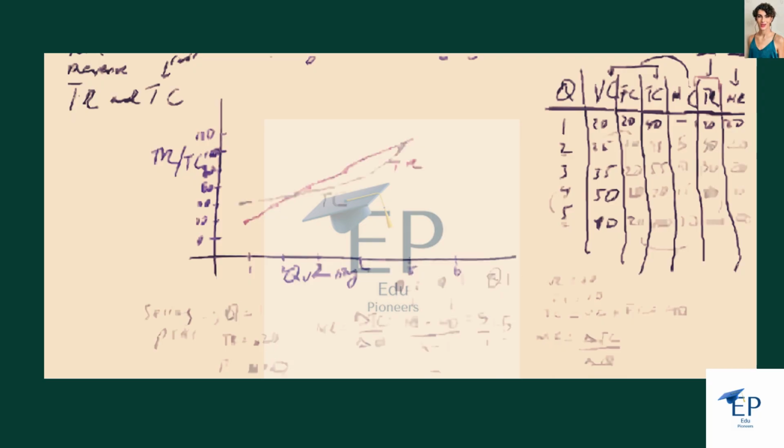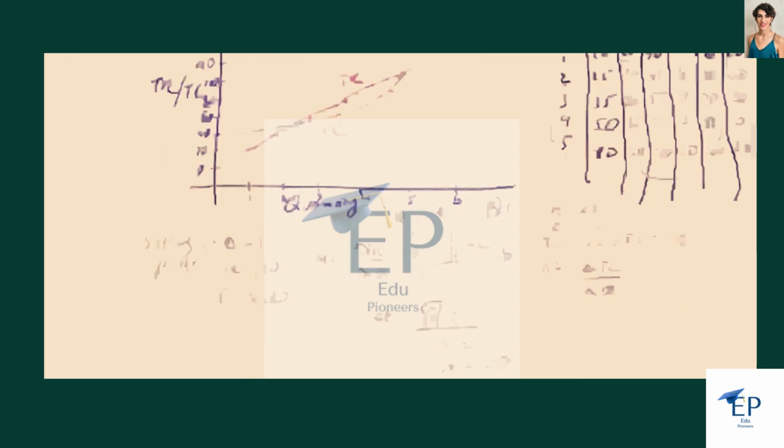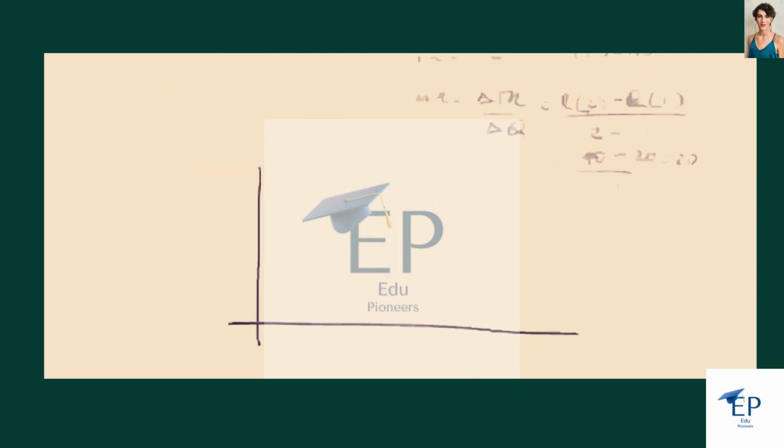So we do have 2 graphs. The top one is the total revenue, and then we have the total cost. The next issue that you have to deal with is the marginal revenue and marginal cost. Marginal revenue versus marginal cost.